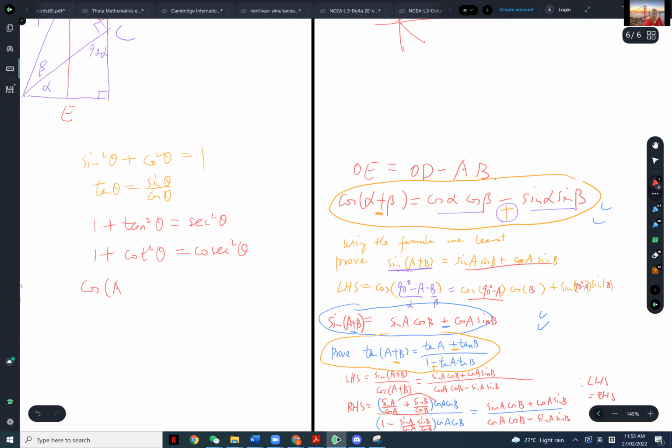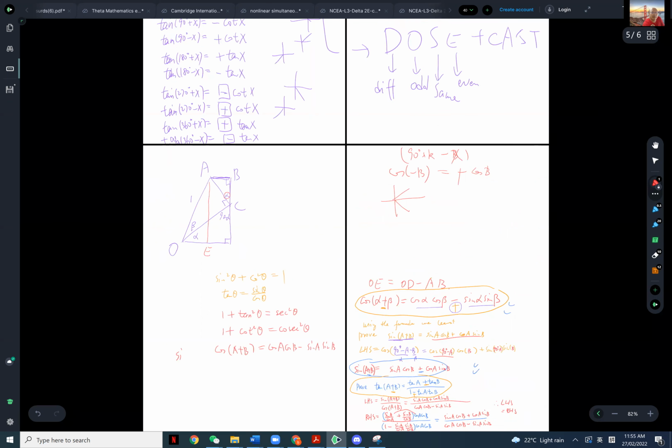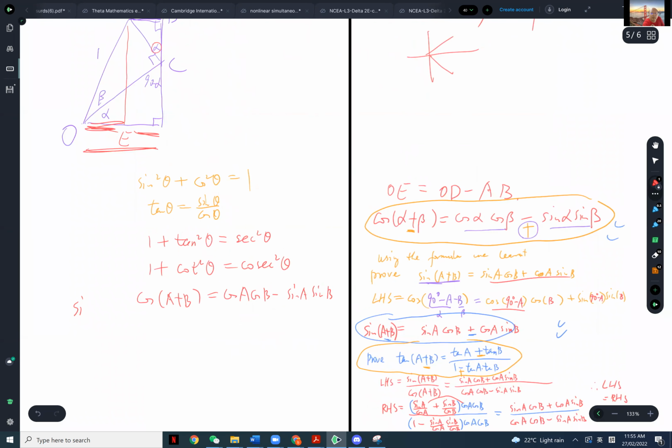Cos(A plus B) equals cos A cos B minus sine A sine B. Oh, we even visualize it. This is cos(A plus B). This is cos minus sine. Cos(A minus B) equals cos A cos B plus sine A sine B.